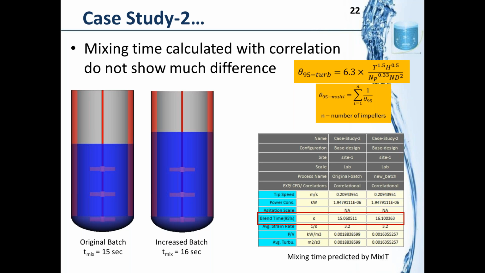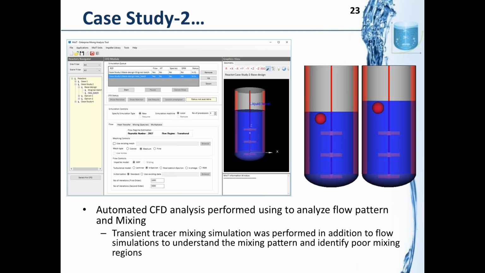However, the plant is still facing problems of conversion and selectivity, which is typically because of mixing. So let's see if we can do CFD analysis and get more in-depth information on the vessel performance.